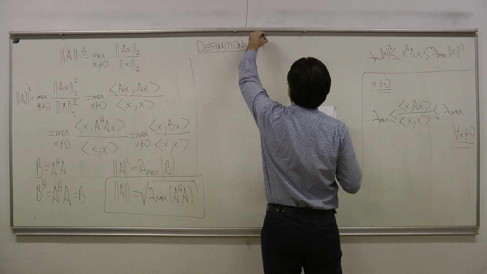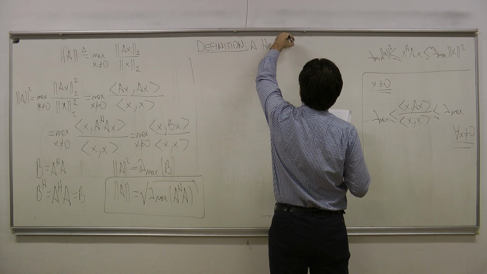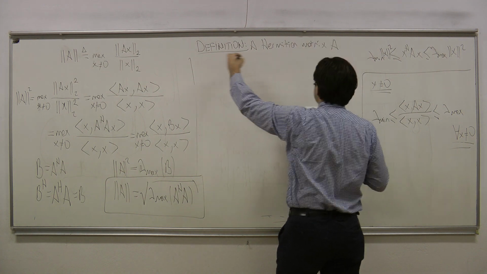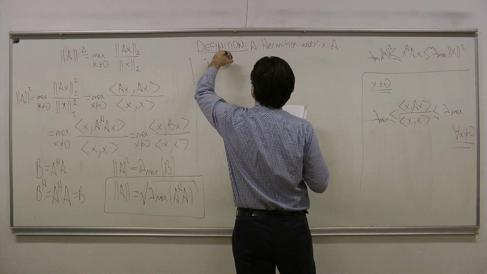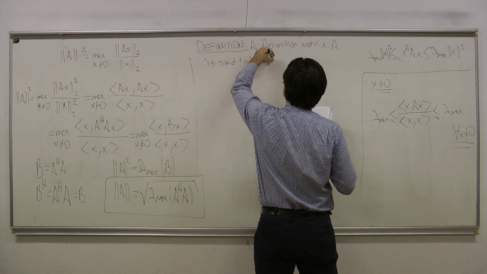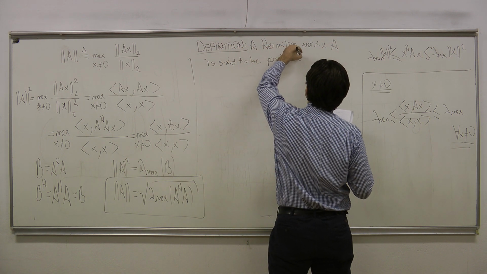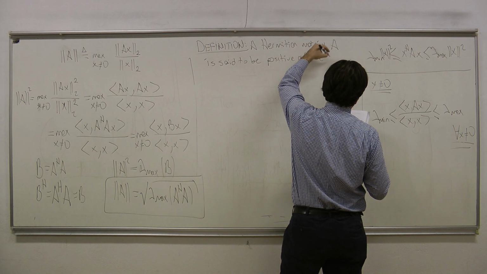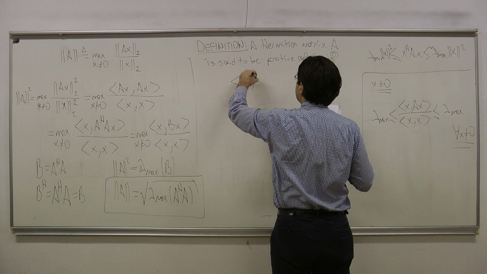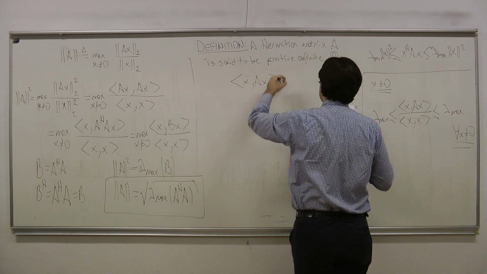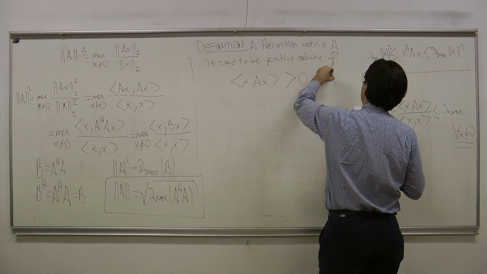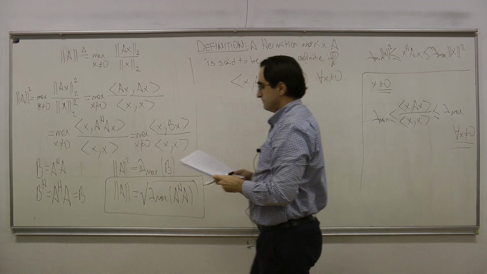A Hermitian matrix A is said to be positive definite if and only if the inner product of x and Ax is strictly larger than 0 for all non-zero x's.